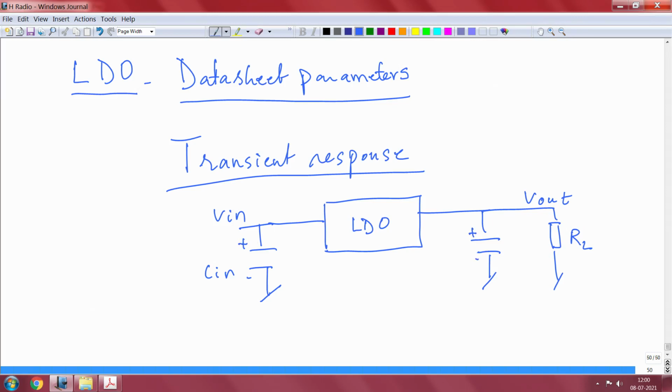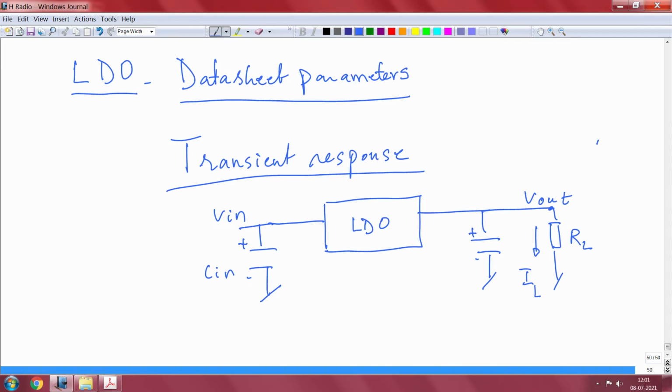The trouble is you always want the V out to be held at a fixed point, but what actually happens is the load current keeps fluctuating depending on the state of the IoT node, right.